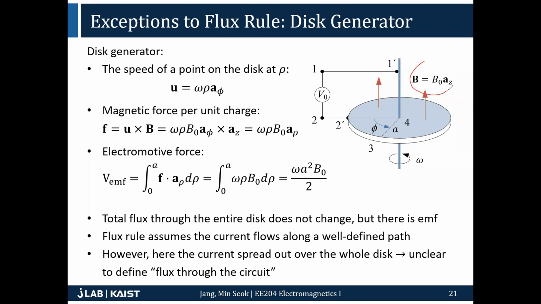You have a magnetic field along the z direction, and then you have a bar here, an axis, and you have a solid metallic disk rotating with angular velocity omega.